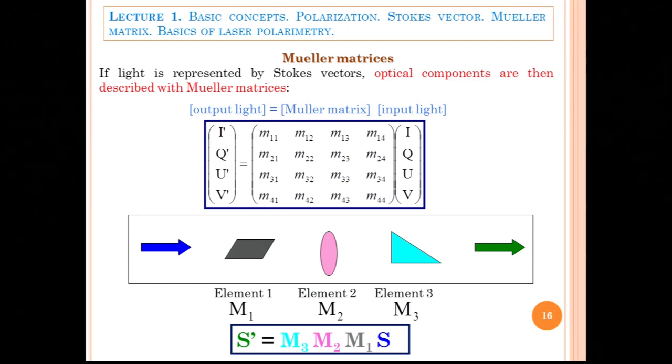But these Müller matrices should be written in reverse order. Yeah, you know. This is a main formula connected with the transformation of polarized and even non-polarized light.